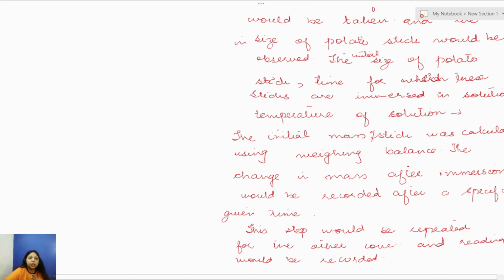Now, in the last, you might have to give the safety precautions. Like what precaution is required in this one? Number one, in this experiment, because you are cutting something, gloves are mostly used when you are using a certain type of chemical.